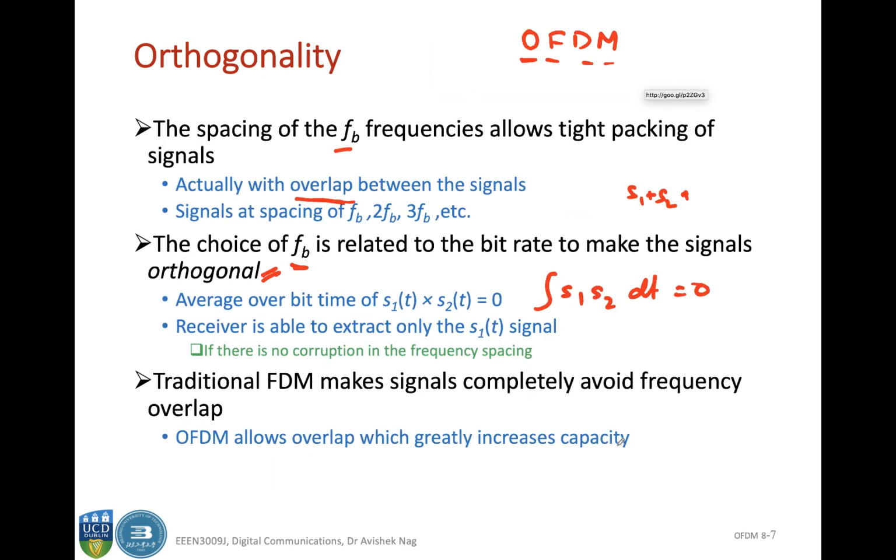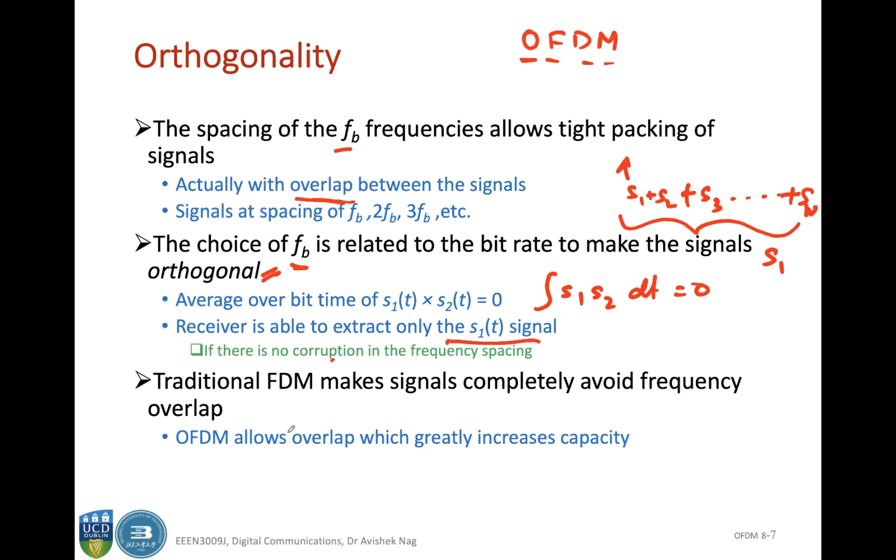Let's say these are S1, S2, S3 up to Sn. If you correlate this entire thing with S1, if you want to extract S1, then only this component will give you a non-zero value, and because of the orthogonality, all the others will be 0. Then you can filter out this part. So if there is no corruption in the frequency spacing, the receiver is able to extract only the S1 signal.